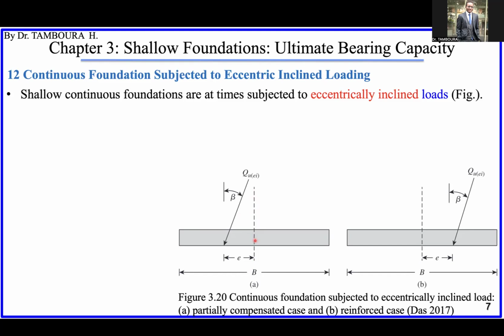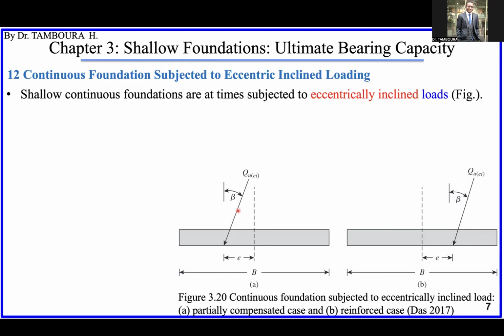So you have two cases. The load is eccentric with this eccentricity, and it is inclined toward the middle of the footing. Or you have this case, it is eccentric, but inclination is away from the center of the footing.